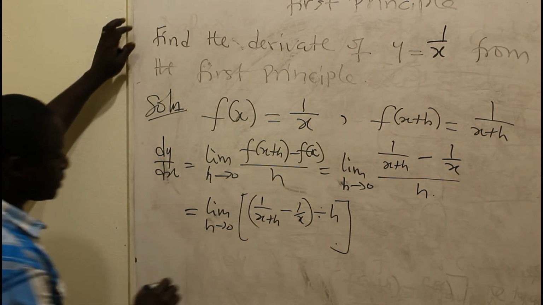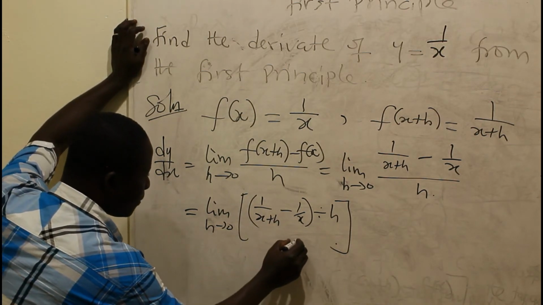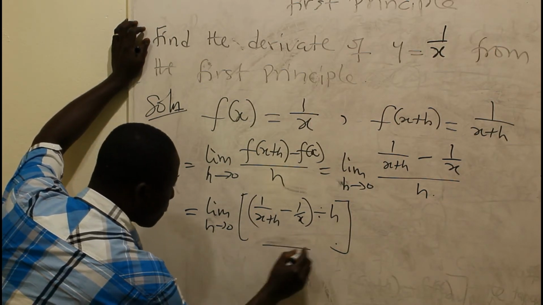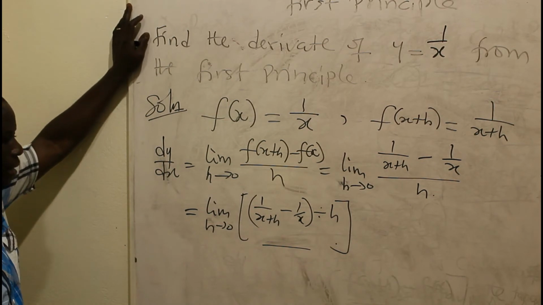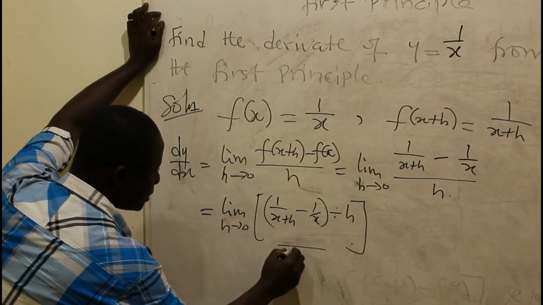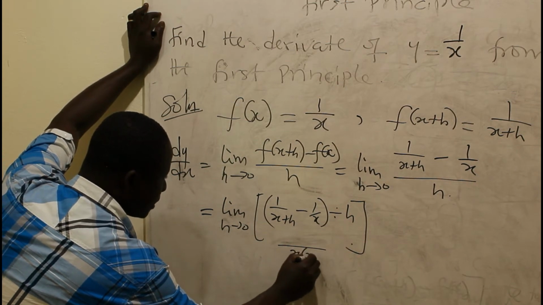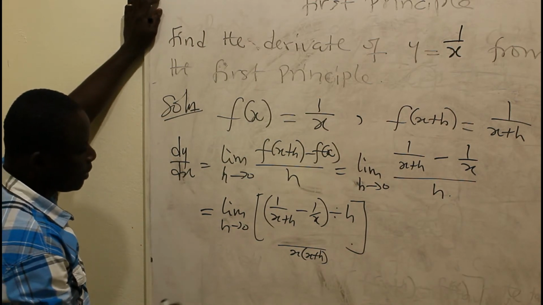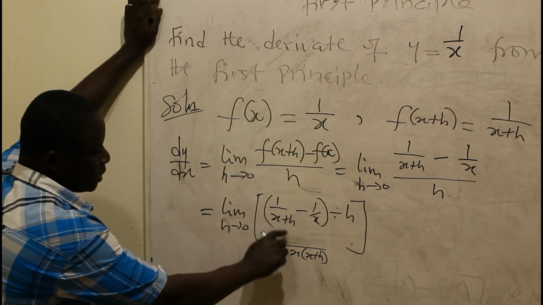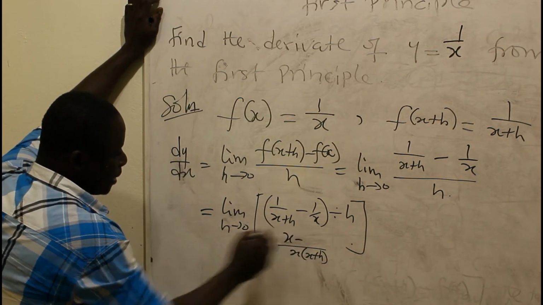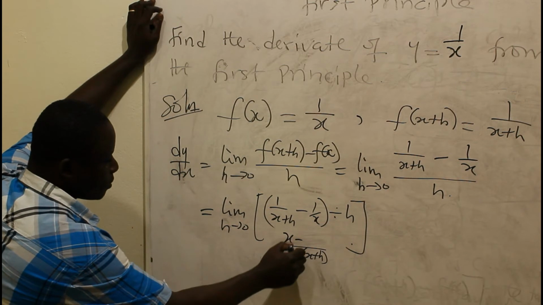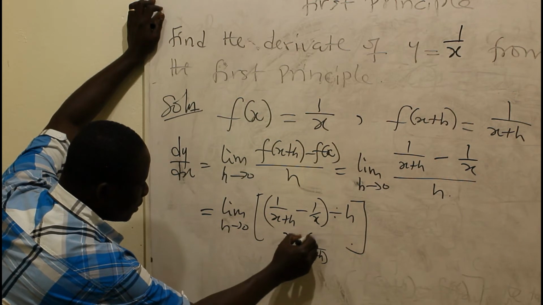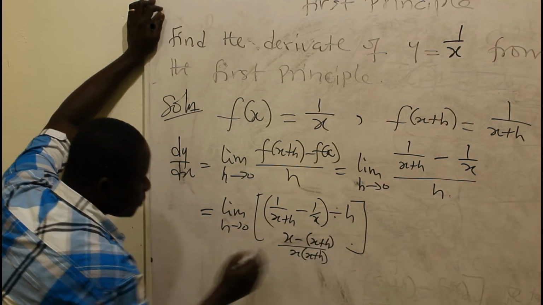So if you pick the LCM for this side, we are going to find the LCM of this, and it is x into bracket x plus h. So when you pick the LCM, this side will be x minus, if x also divides the next factor, then the result there will be negative of x plus h.